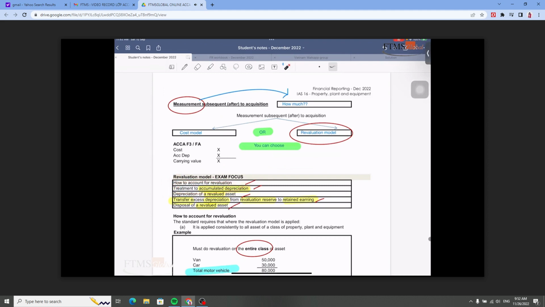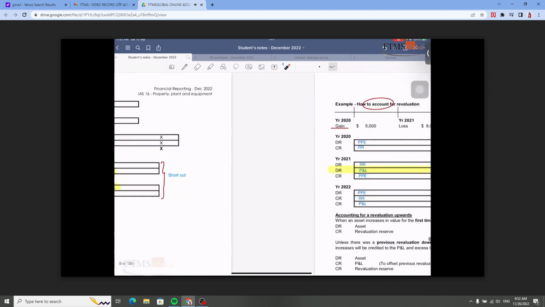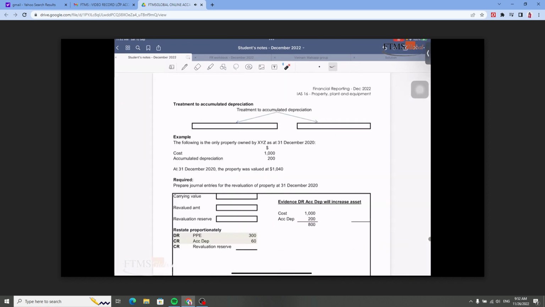Okay, now, if you remember, just now I said what you did is a shortcut. Normally, remember our double entry for revaluation is debit PPE, for example, and credit your revaluation reserve.